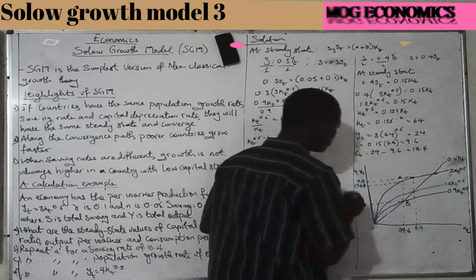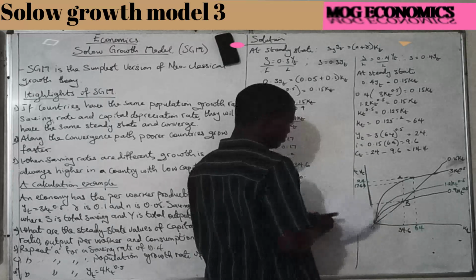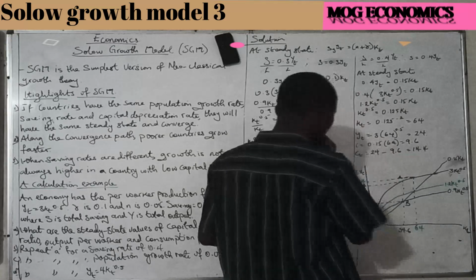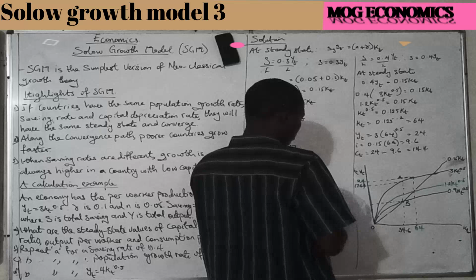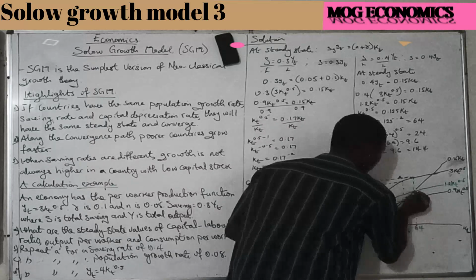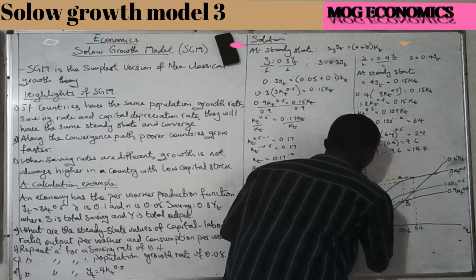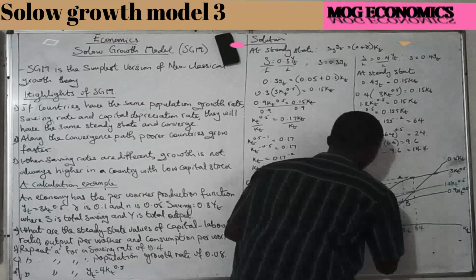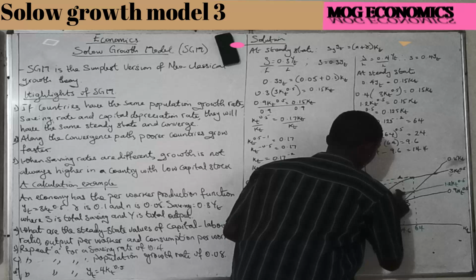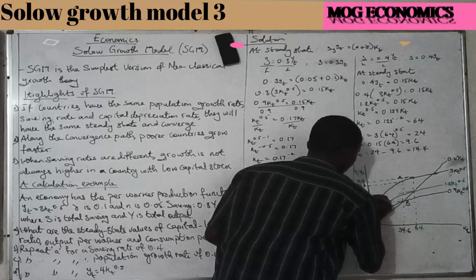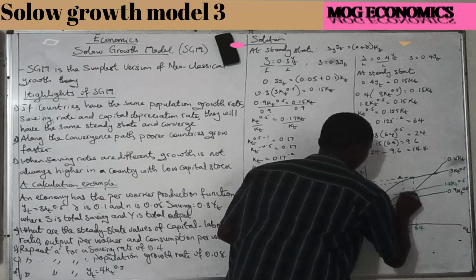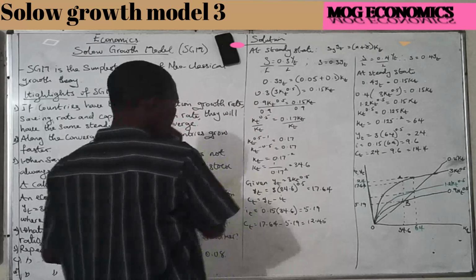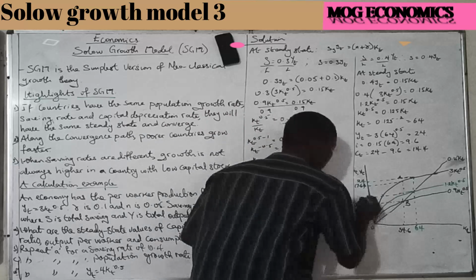Then consumption is, this is where we have the new equilibrium. At that point, investment happens to be 9.6.